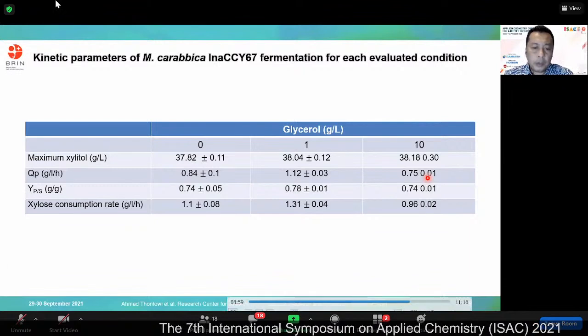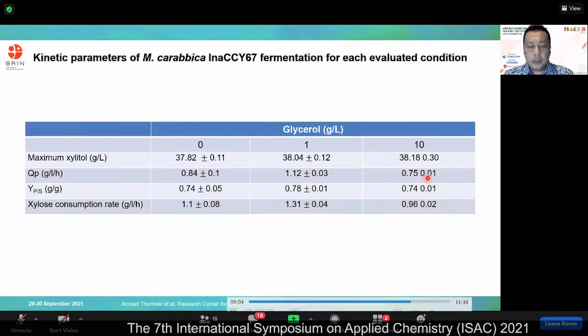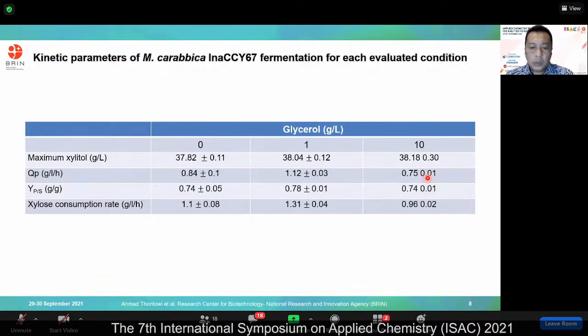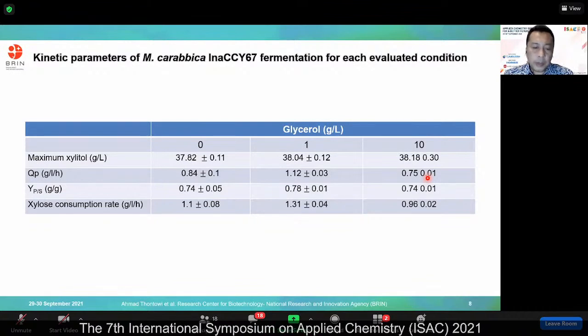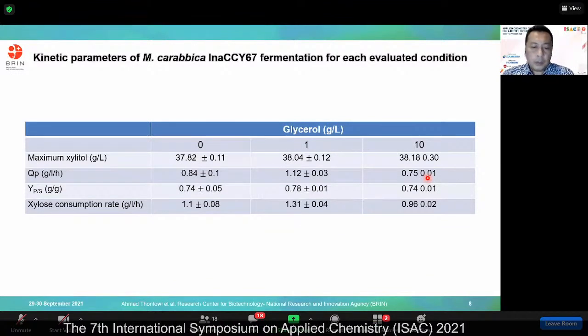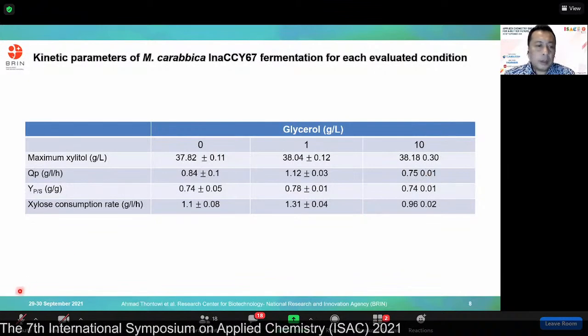The glycerol is produced during the fermentation. However, increasing the initial glycerol concentration to 2 and 10 gram per liter decreased glycerol formation during fermentation. In yeast that are subjected to osmotic stress, in particular, glycerol concentration can reach molar level.